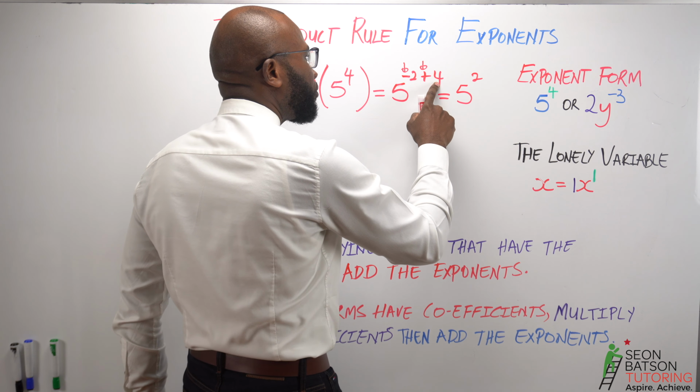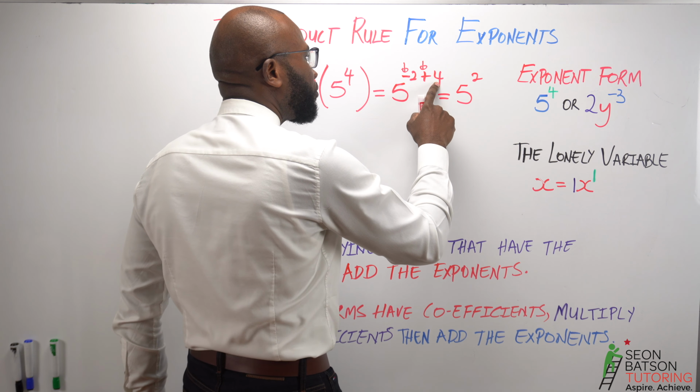So we have g to the 7th power times g to the 2nd power. Since we are multiplying terms that have the same base and exponents, we can add their exponents. So we get g to the 7 plus 2, which is equal to g to the 9th power.